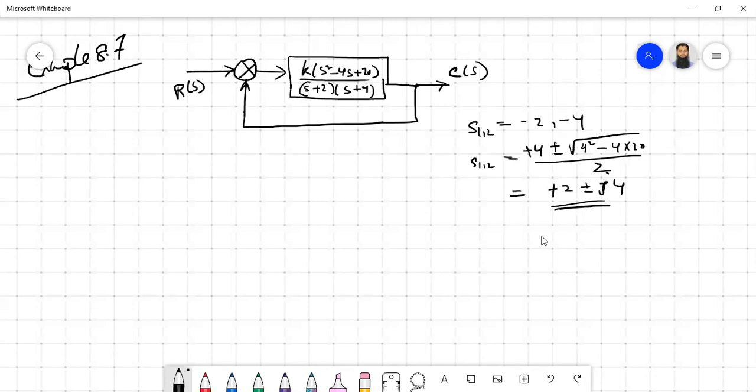So what they're asking us to find is, first of all, the exact point and gain when it crosses the 0.45 damping ratio line.